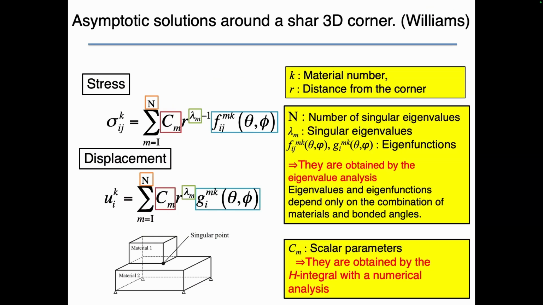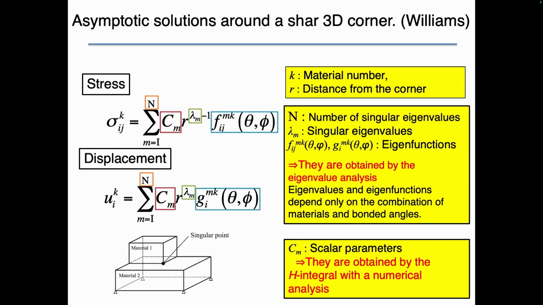So the asymptotic solutions around the sharp 3D corner are expressed as these equations, for stress and displacement. And in these equations, K is a material number, and R is the distance from a corner. And N is the number of singular evaluations, and lambda is the singular eigenvalues. And also F and G are eigenfunctions.